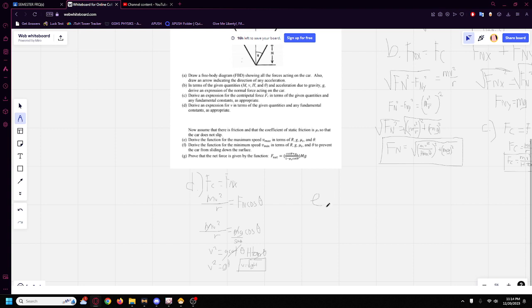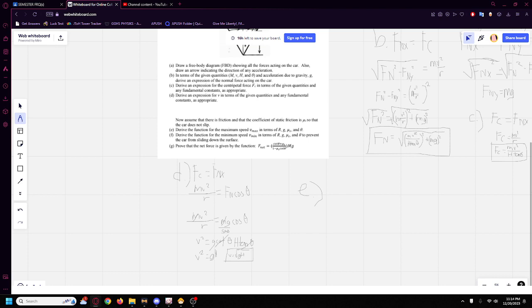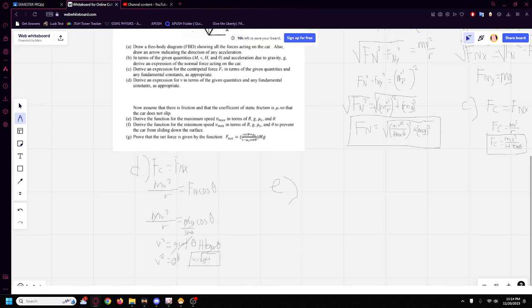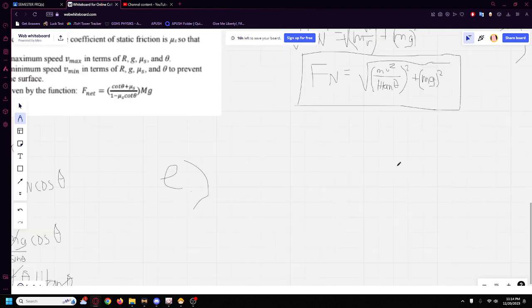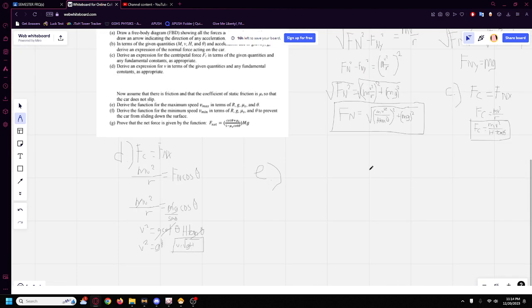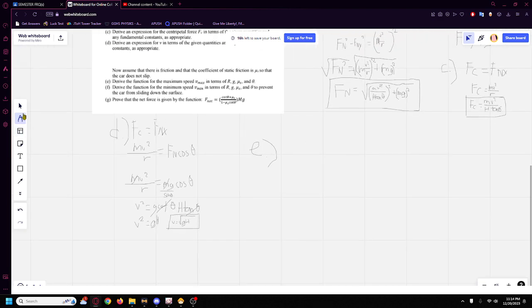E asks to set up v max in terms of r, g, mu s, and theta. So we set up x and y.